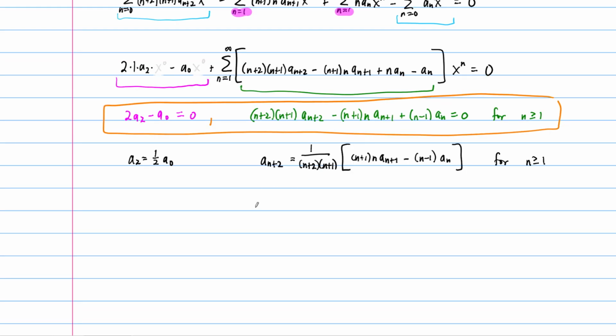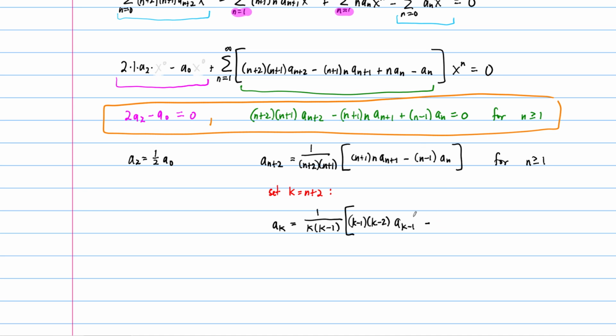Now, if we want to do this in the simple-minded way that I did the previous one, we can swap out our n plus 2 for k, so we can make our list. You don't have to do this, but I like to see the proper index on the term that I'm working with, and then you can adjust from there, right? So if you decide to do this, then this one will become a sub k is equal to 1 over k times (k minus 1), times (k minus 1) times (k minus 2) a sub k minus 1, so the previous one, minus, this one's going to be (k minus 3).